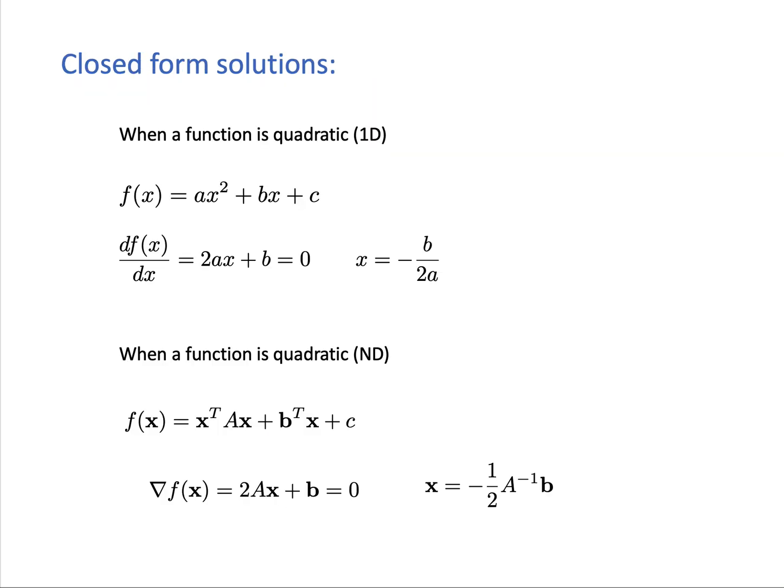So as we already saw, in one dimension, when we're seeking one parameter, right? In this case, we're talking about the parameter being x, right? If we have a quadratic function, ax squared plus bx plus c, then it's relatively easy to find the minimum or maximum of that particular function, because, let's say in this case a here is positive, there will be only one value where this function attains the minimum.